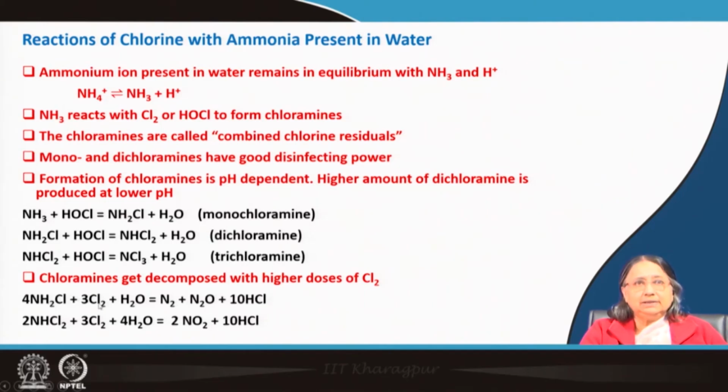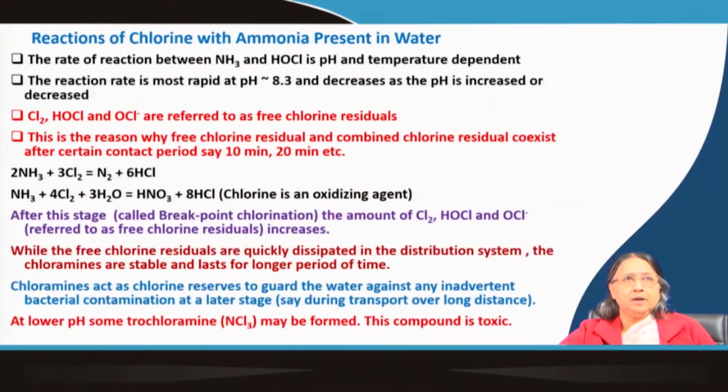You see here minus 3 to 0, so it is oxidized, and then dichloramine also from minus 3 to plus 4 state, so it is oxidized. It occurs at a higher dose of chlorine. If you increase the dose concentration of chlorine, then it will happen.